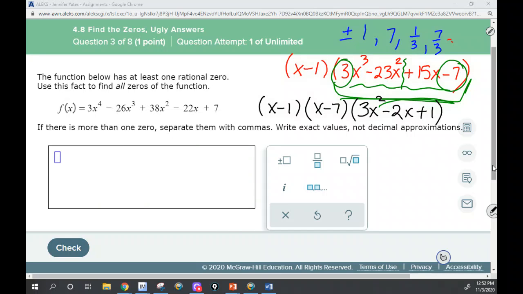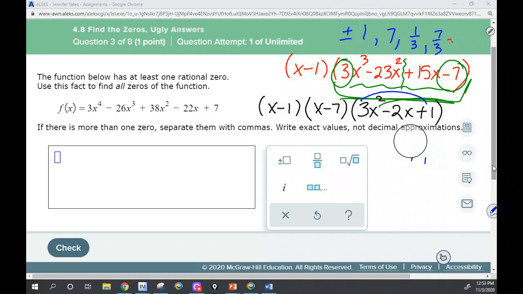Are there two numbers that multiply to be 3 that add to be -2? That multiply to be +3? No. There are not two numbers that exist.